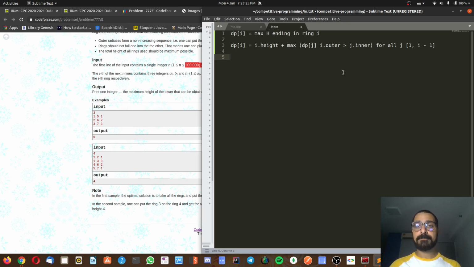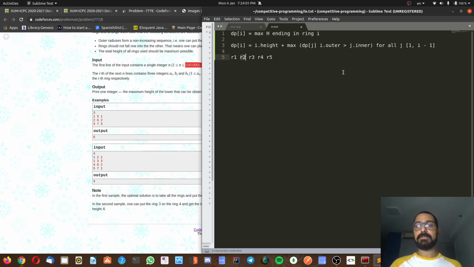And that is: between all the previous rings that ring I can be stacked on top of, I only care about the first one, meaning the closest one to I. So if I have some rings R1, R2, R3, R4, R5, and now at ring 4, I need to check ring 3, ring 2, and ring 1 to calculate this dp.